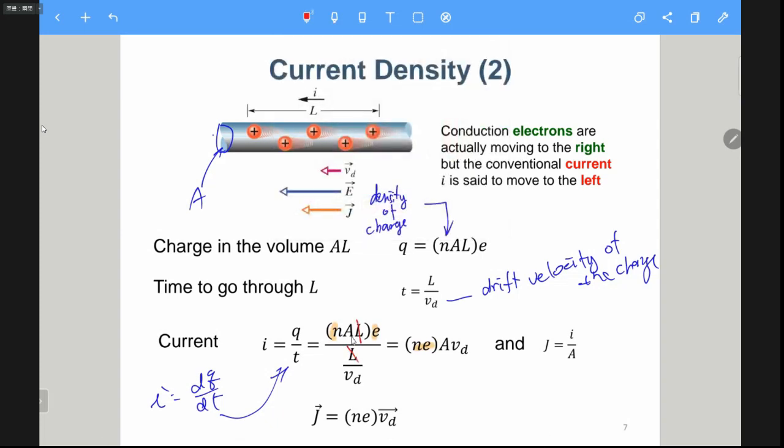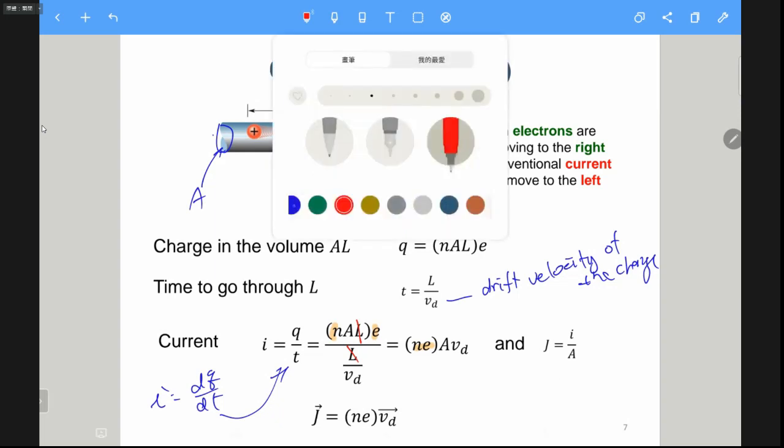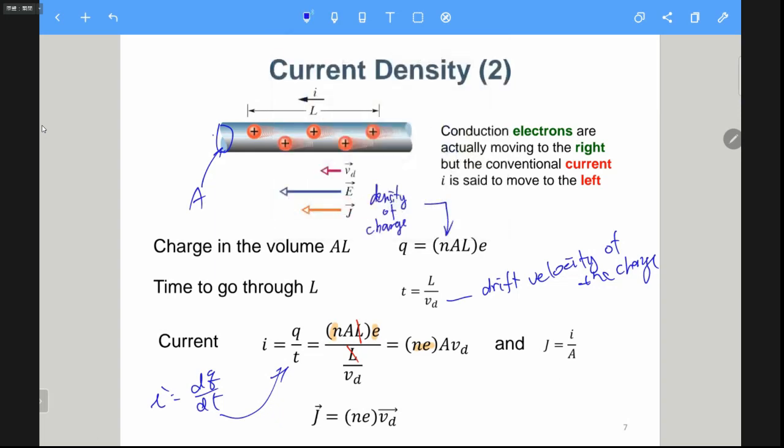So we have A times BD, like this. And also just now we have I equals the integration of J dot dA.